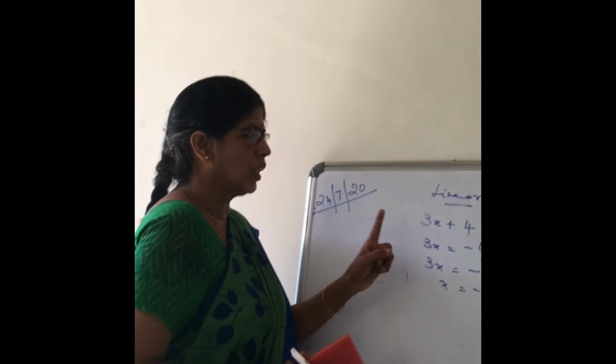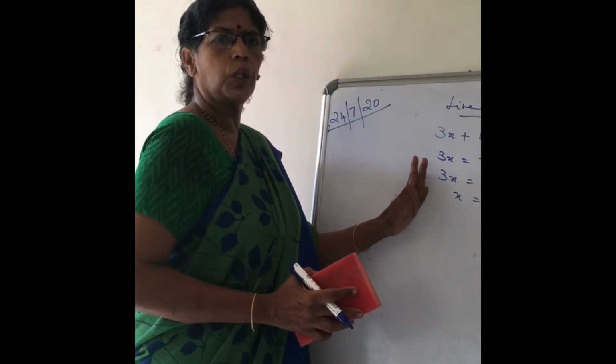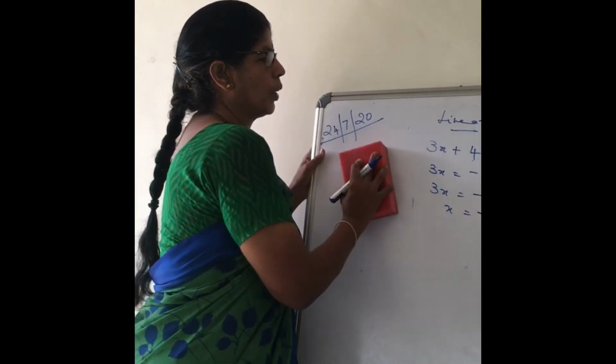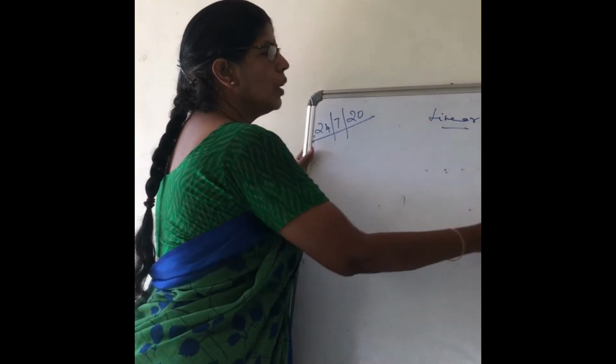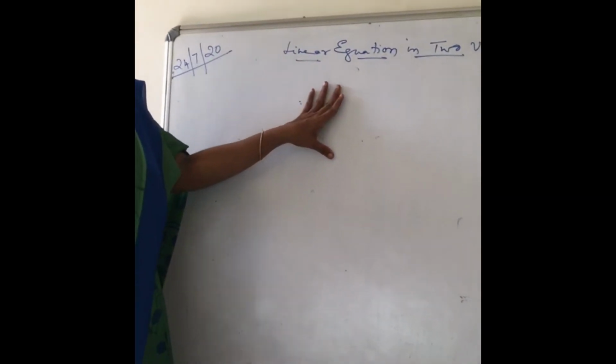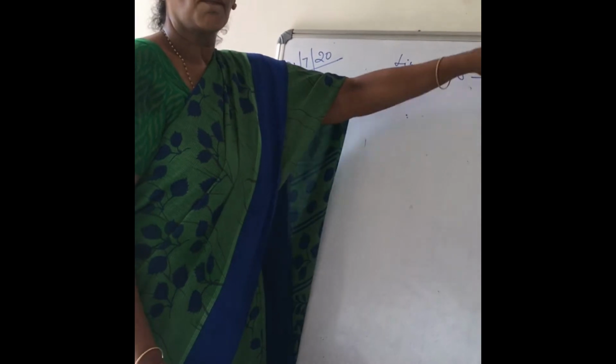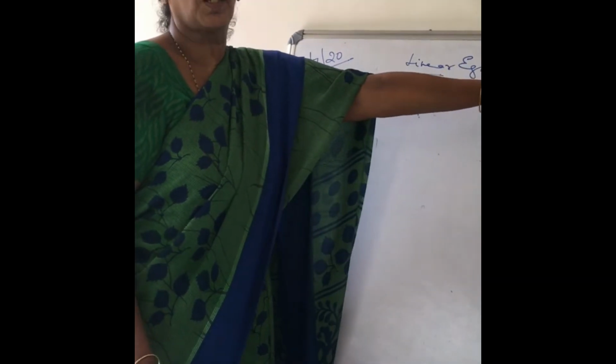If an equation has one unknown, children, however you solve, you will get only one solution. But a linear equation in two variables will have infinitely many solutions mathematically and graphically.